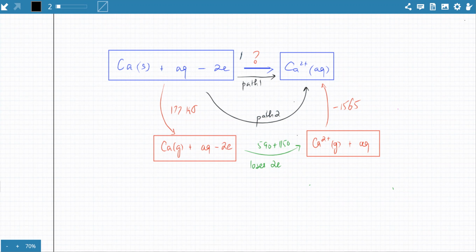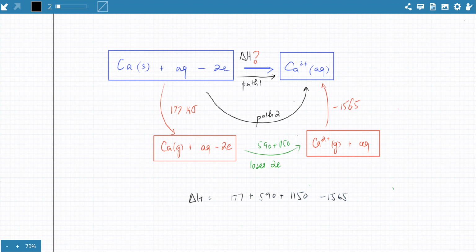So the enthalpy change for the reaction you were trying to figure out would be equal to this other path, which is going to be 177 plus 590 plus 1150 minus 1565.